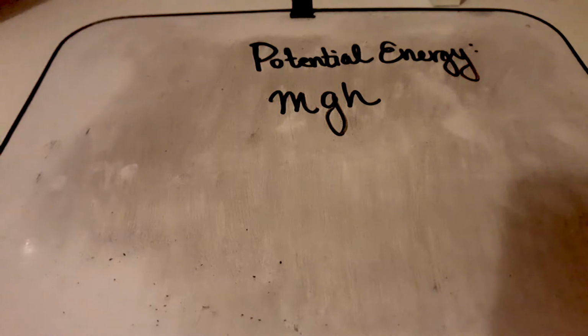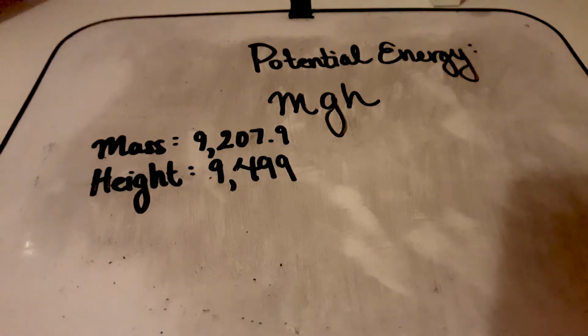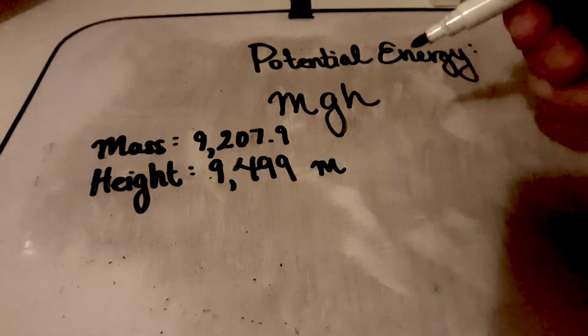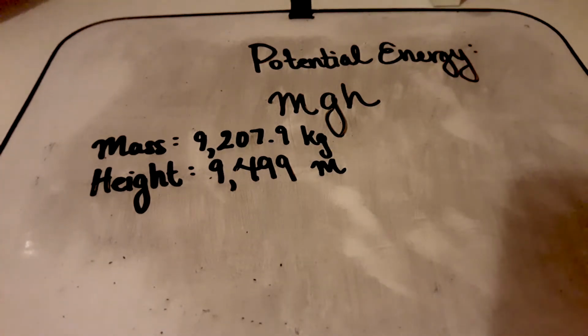An example that we're going to use for this is the F-16 fighter, which provides us with the information that the mass is 9,207.9 and the height is 9,499 meters. And don't forget the kilograms there.